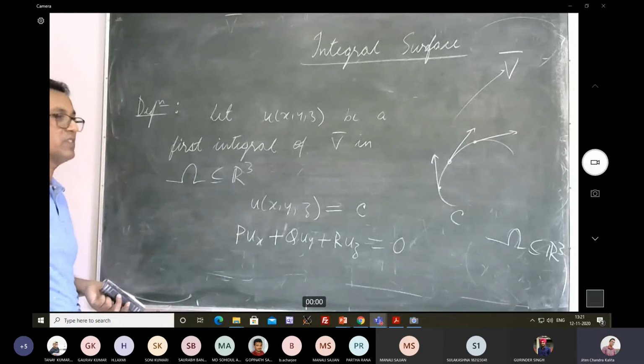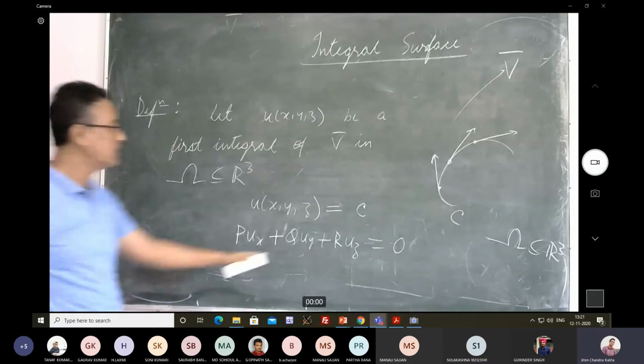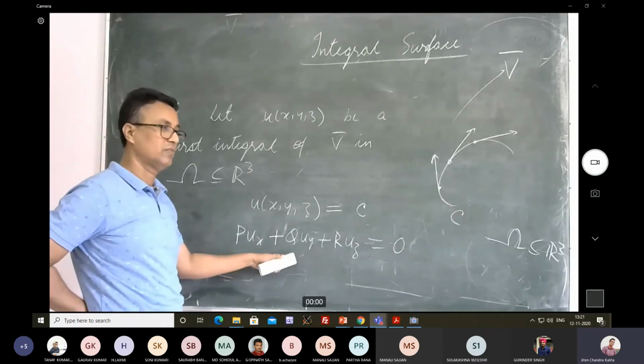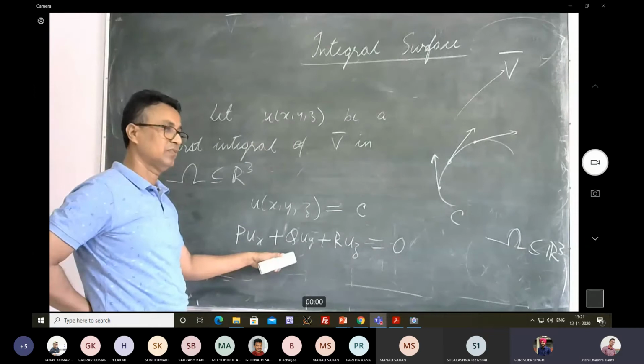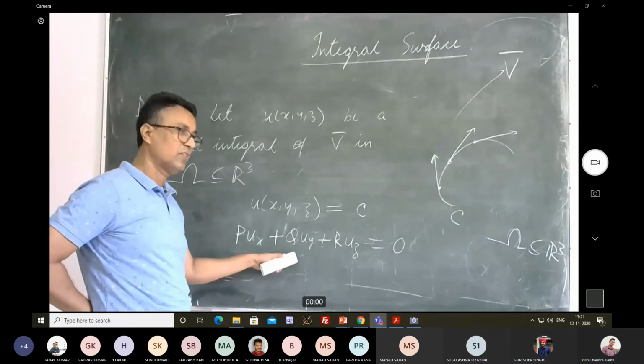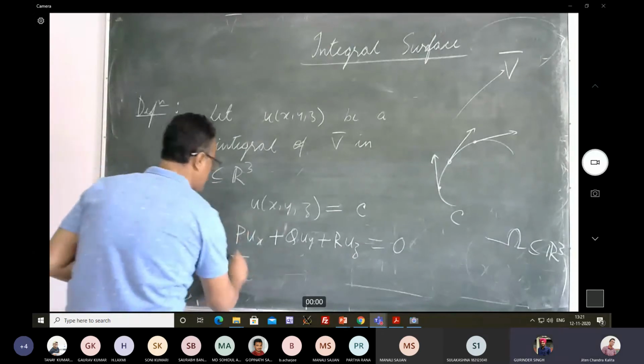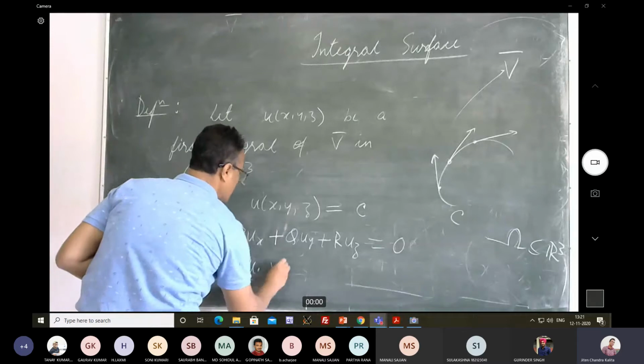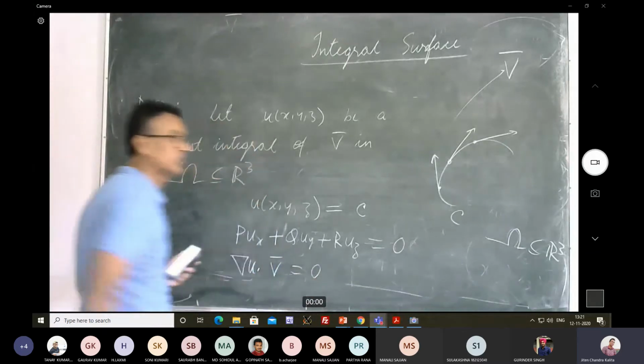What is the definition of first integral? First integral is this, right? Yes, sir. This means that grad u dot v equals 0.